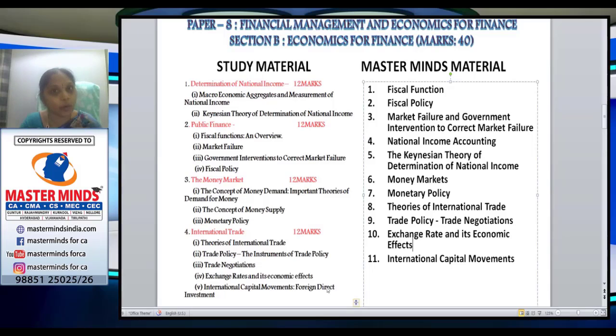To know about the economy in a full-fledged manner, we deliberately placed the public finance chapters as the first 3 chapters of our masterminds material. It is just for the students' easy understanding and grasping, especially to get awareness of government policies. It will be very easy for the students to understand. That's why we placed them there.